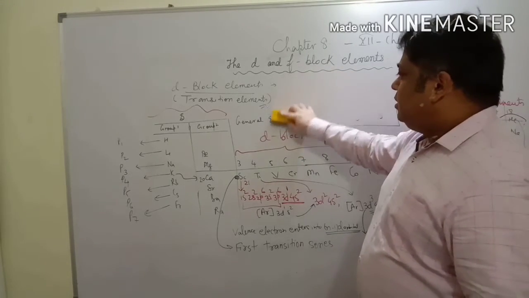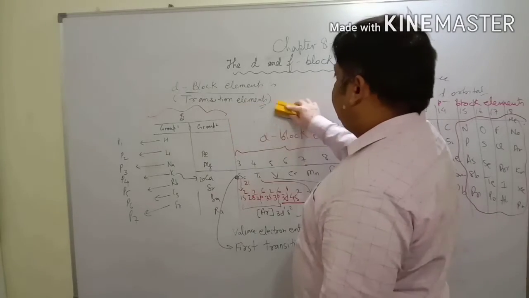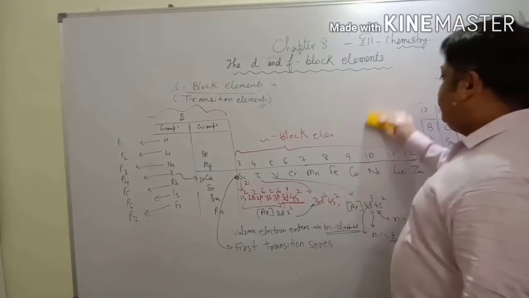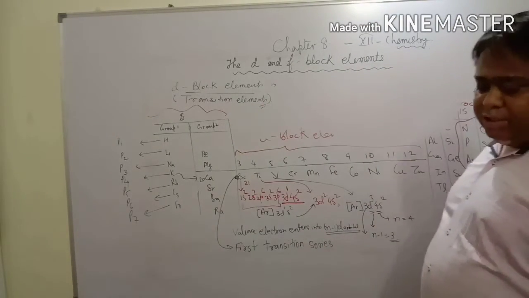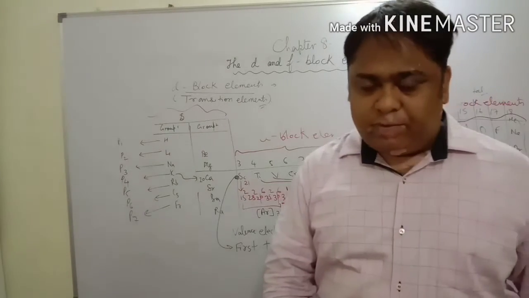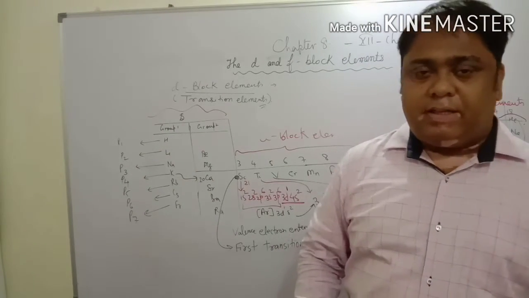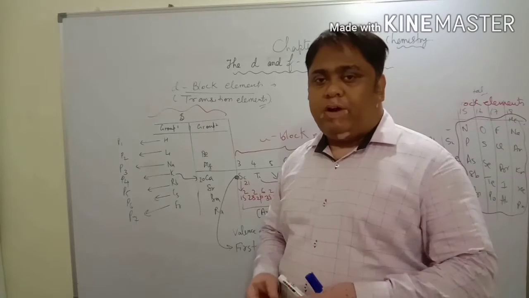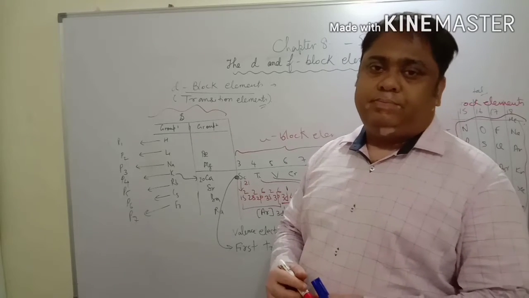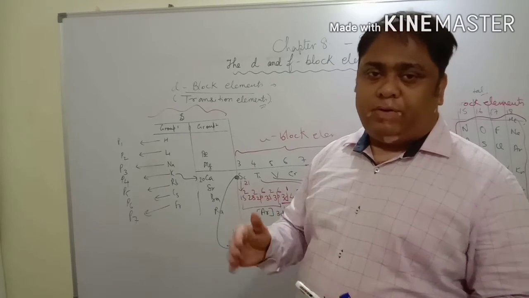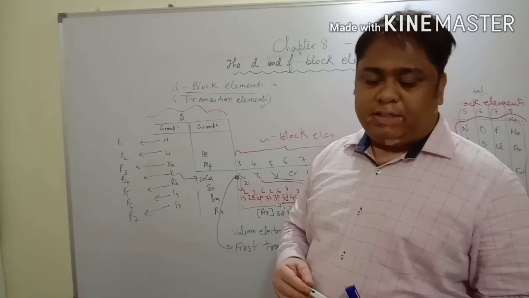This transition of electron from one energy level to another is called d-d transition. Now you will say that if all the d orbitals are at the same energy level, then why should we call it movement of electron from one energy level to another?